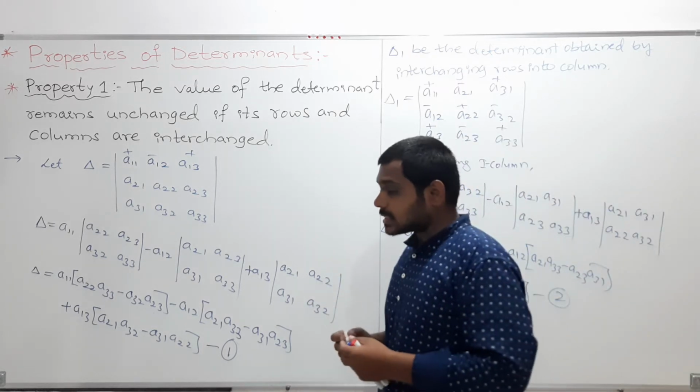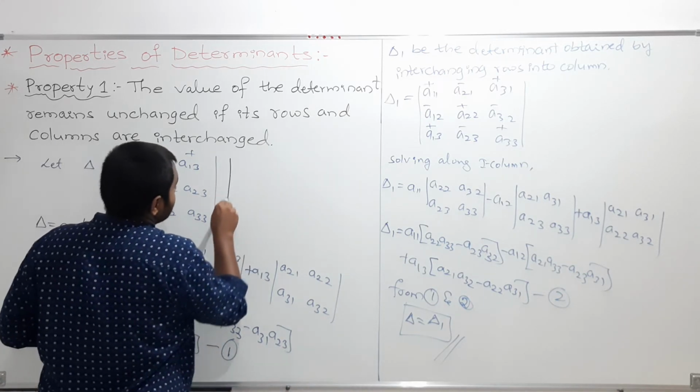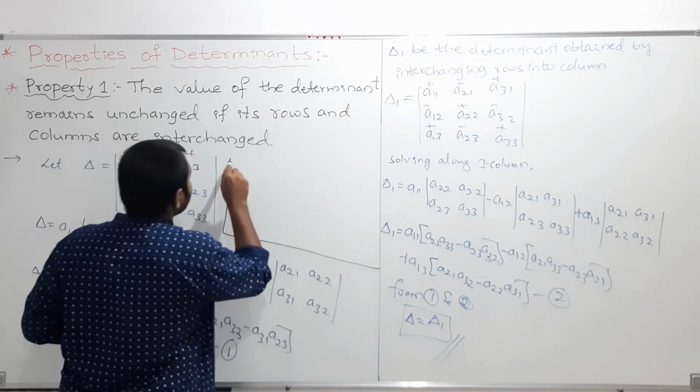And please remember, my dear friends, I once told you in the topic of matrices about the transpose of a matrix. So what is the transpose of a matrix? One note you can take here.